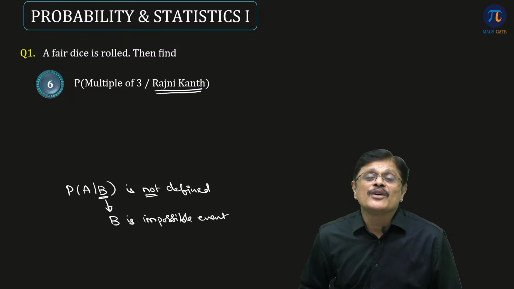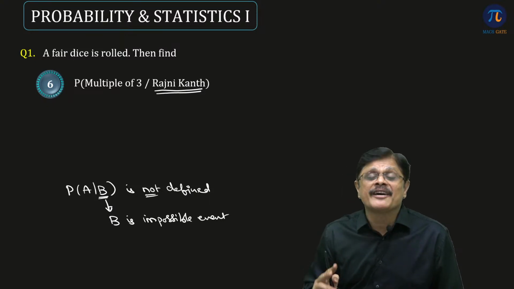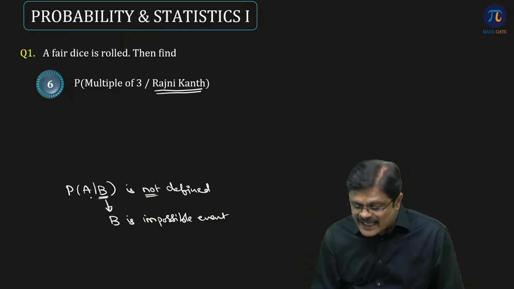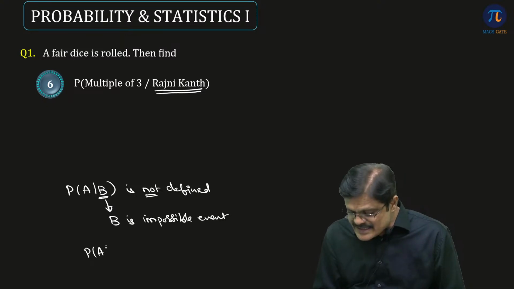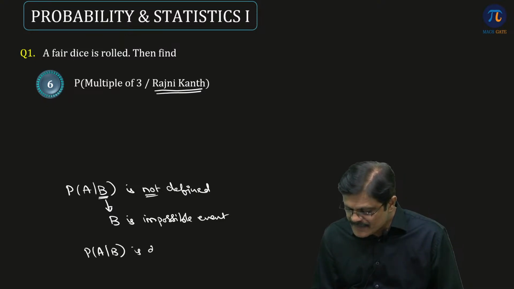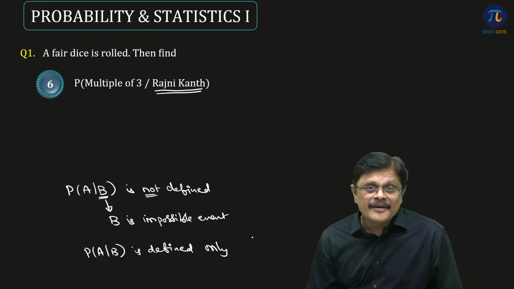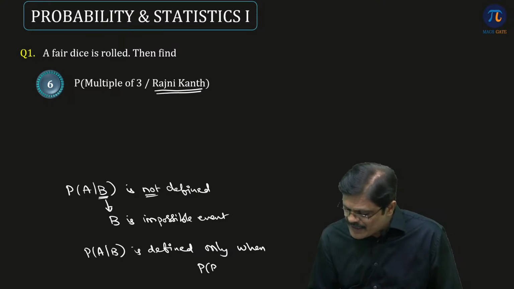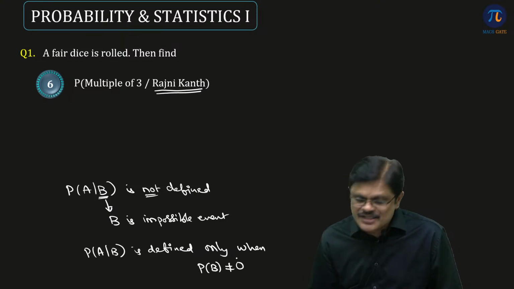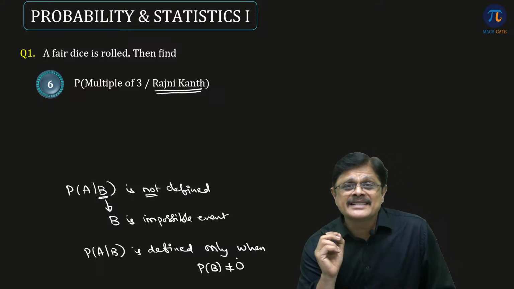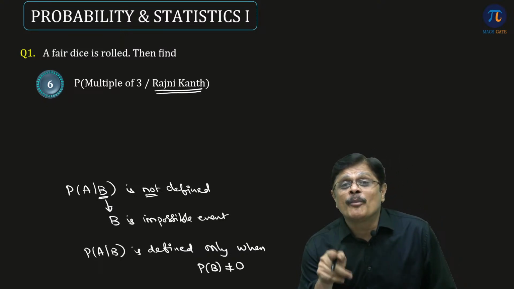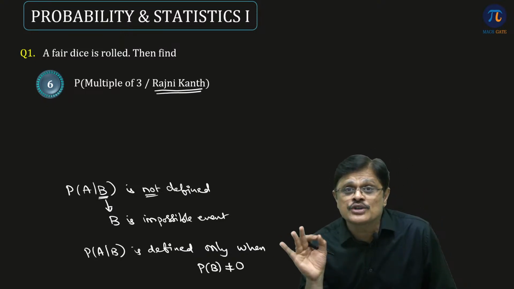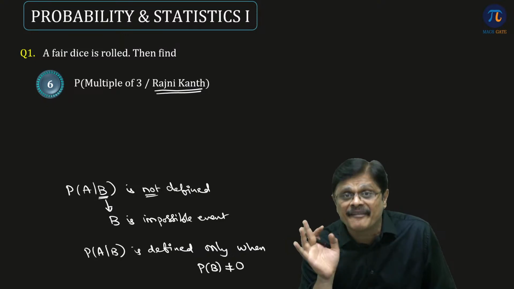So we cannot have the probability of A given B for every B. Probability of A given B is defined only for possible events B, only when probability of B is not 0. If B is an impossible event, then probability of A given B, don't say 0, sir. It is not defined. We can't define it.